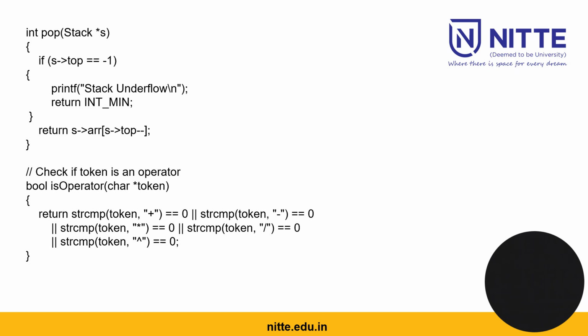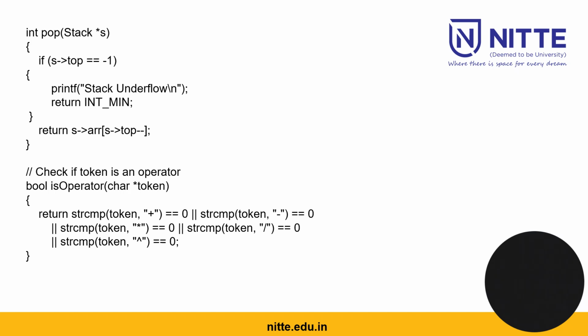Now, because we are going to evaluate a postfix expression, we have to check whether the token is an operator or not. If we encounter an operator, then what will we do? As I already said, we will pop the top two operands from the stack, and we will evaluate those two operands according to the operator we have encountered.